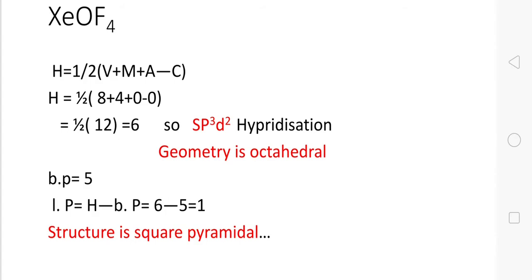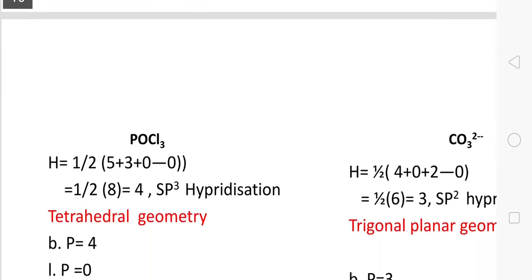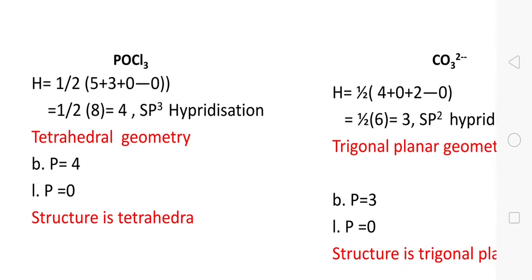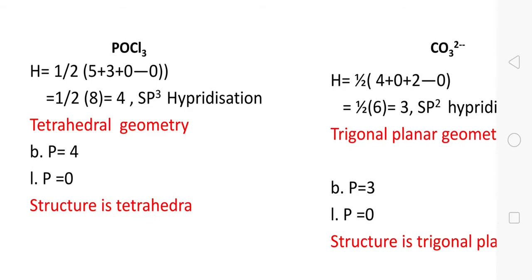Are you clear? Good. Now I have taken POCl3 and CO3 2 minus. For hybridization, first the number of valence electrons of the central atom. Here the central atom is phosphorus, not O. So 5.